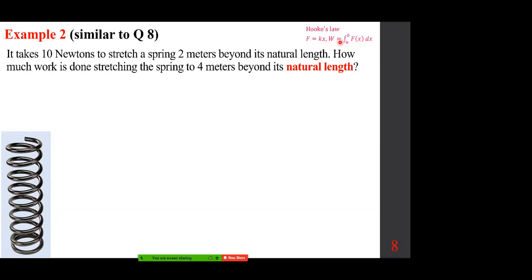So all you have to do is come up with f of x and plug it in. But in order to come up with f of x, you need to figure out what K is. The piece of information here is that 10 newtons, F being 10, moves it by 2. So F is 10, K is missing, and x is 2. That's the meaning of it, okay?